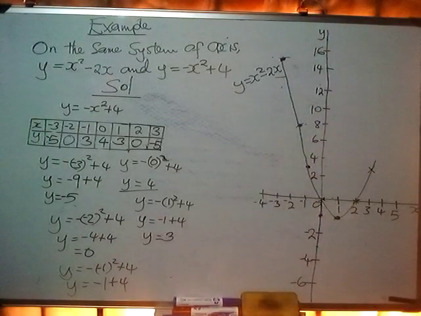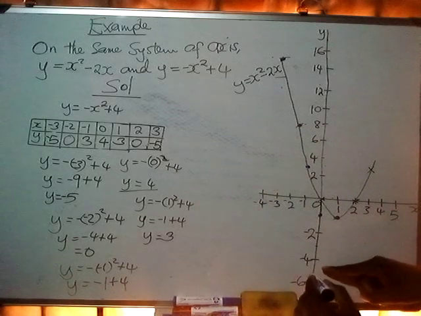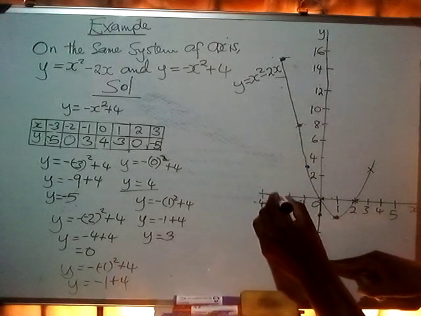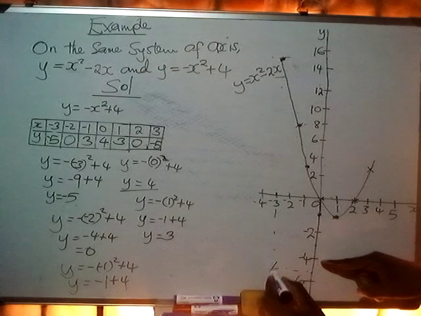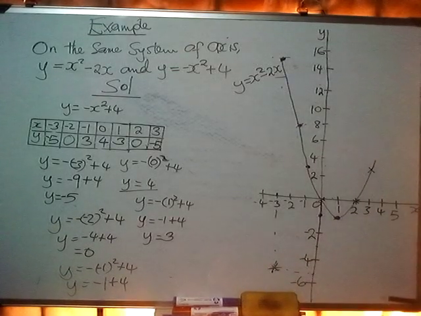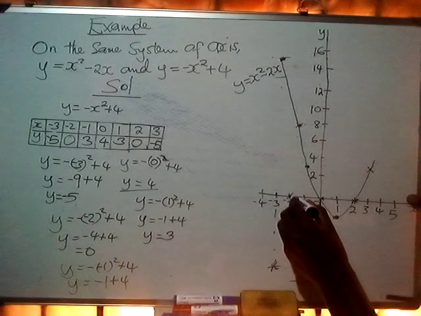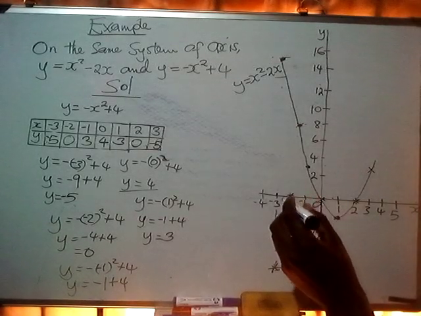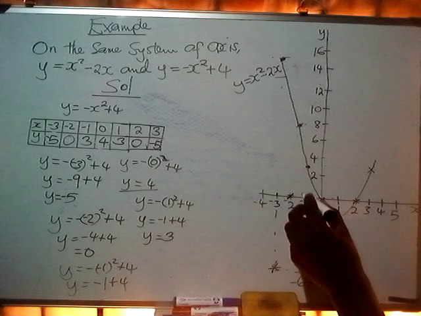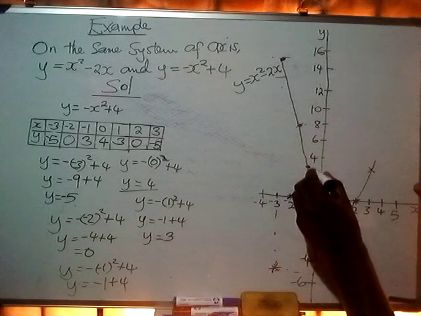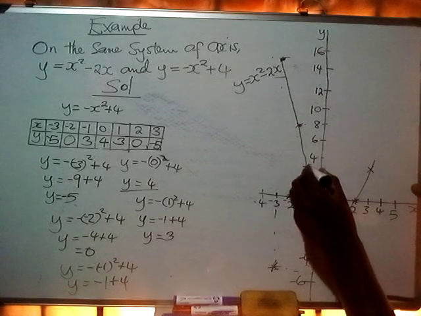Let us now plot this. The first plotting is -3, -5. It is somewhere here. Then our next coordinate is -2, 0, which is there. Our next one is -1, 3, which is this point there.